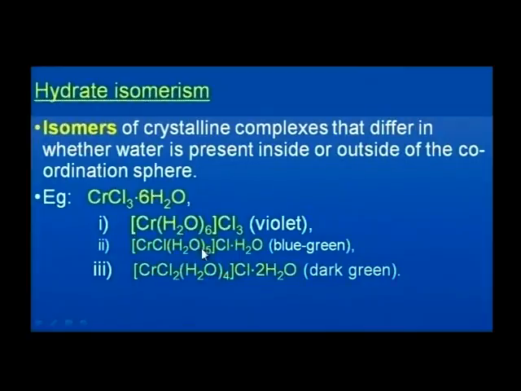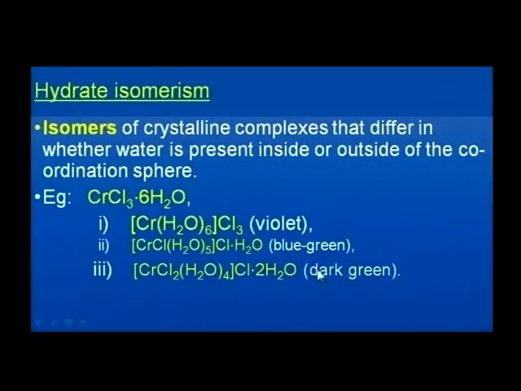Due to the small difference of replacement of water molecules of ligands which takes place with the ions, that gives rise to hydration isomerism, and we can observe here clearly, friends, the replacement of water molecules gave different colors. The first one gave violet color, the second one gave blue green color, and the third one gave dark green color.